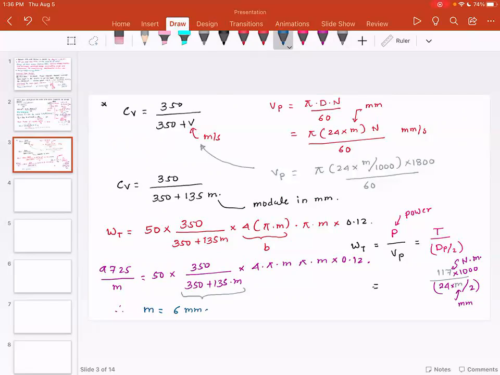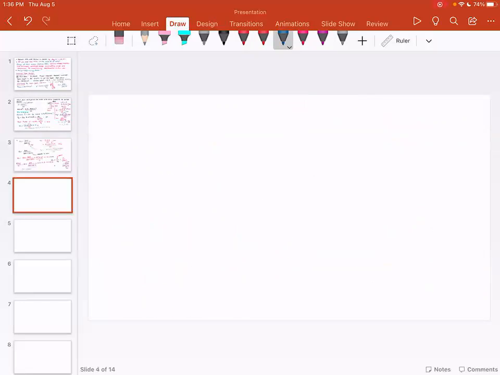And to be honest with you, at this point, all the parameters for the gear are designed. So the gear parameters, I'm going to go ahead and write them down. Face width is 4 times pi times module. Then the diameter of the pinion is 24 multiplied by 6. And we talked about the ratios: addendum, dedendum, clearance.